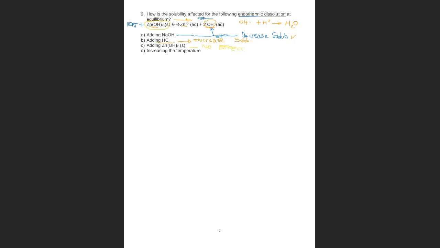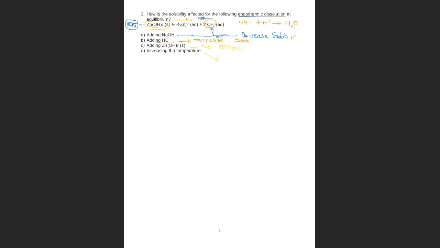And how about the last one, increasing temperature? That one you can tell me. Increase solubility. Very good. They are telling us that it's an endothermic reaction. That means the heat is like a reactant, and increasing the temperature is like adding heat to the system.